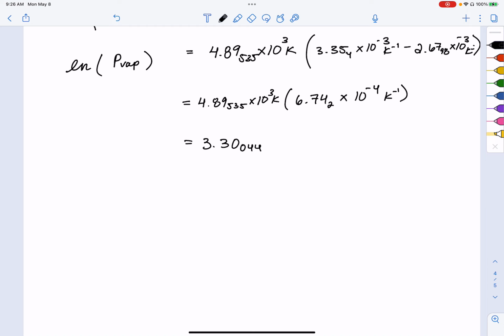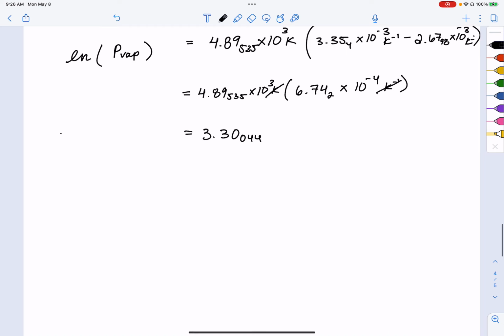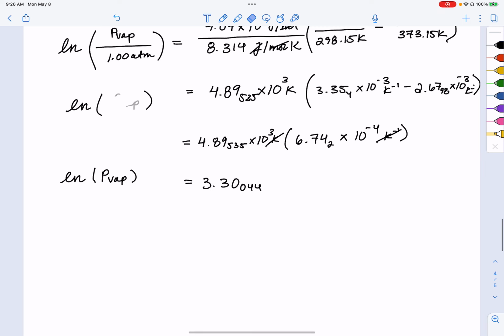And let's think about what our units are here. So we had Kelvin and inverse Kelvin. Nice, those cancel out. This gives us the natural log of our vapor pressure. And again, I'm actually going to keep that 1 atmosphere just so that we can keep track of our units. I just don't want units to go disappearing on us.